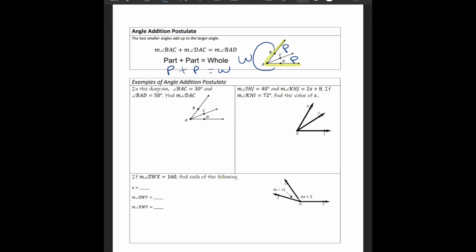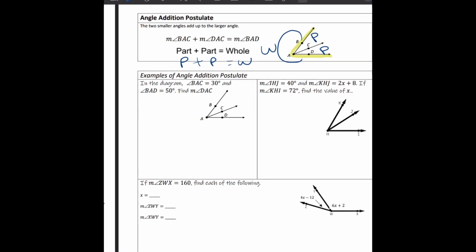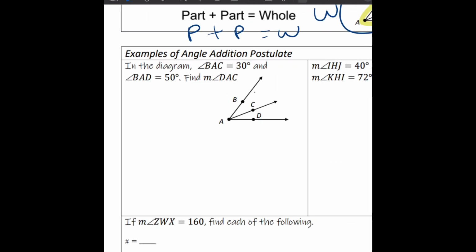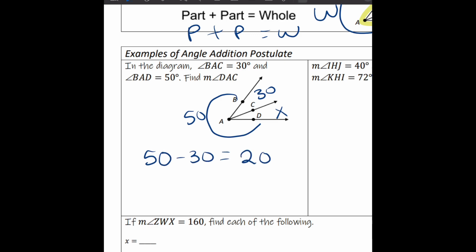So BAD is our whole. For example, it says BAC is 30, BAD is 50, which is the whole. Let's find DAC, so technically that's our x. If I have the whole and I have the part, then I can just subtract 50 minus 30, which gives us 20 degrees.